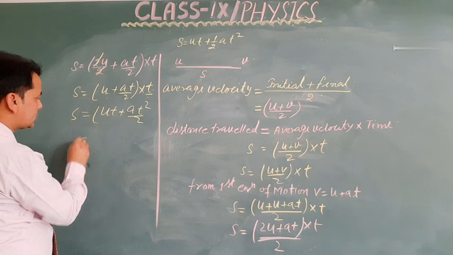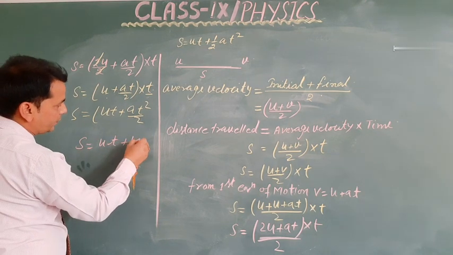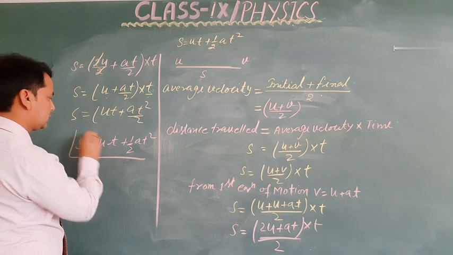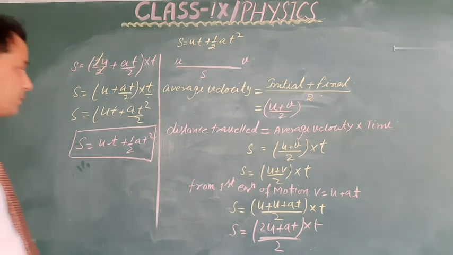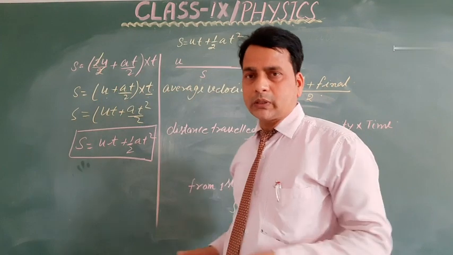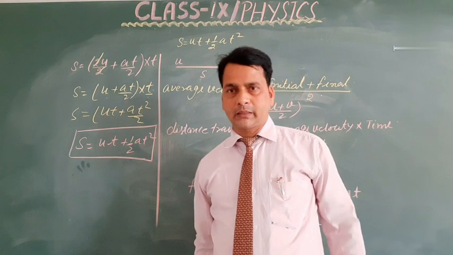So s equals ut plus half at square. That is the second equation of motion. The derivation of the second equation of motion, s equal to ut plus half at square.